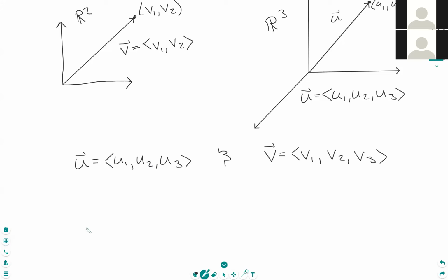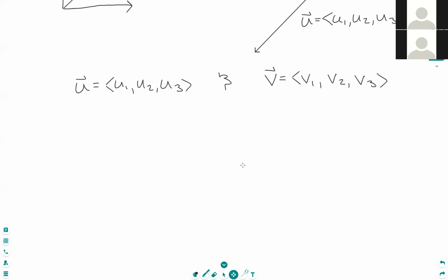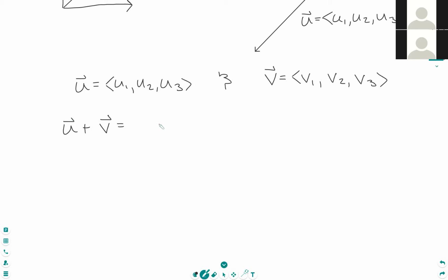So now let's look at how these interact. If I have that u and I add a v to it, I can write this as u1, u2, and u3 added to v1, v2, and v3.